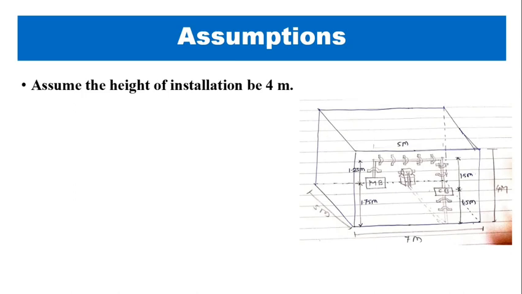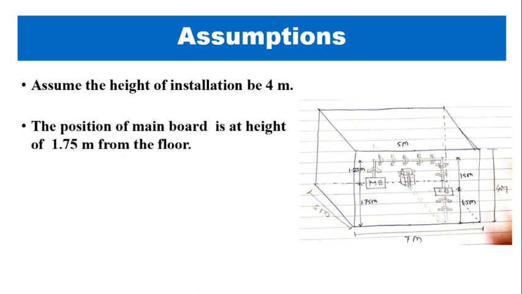Then the next assumption is the position of main board, which consists of main switch and starter, which is at a height of 1.75 meter. You can see that the main board is always assumed to be 1.75 meter above the floor. So you can see here our main board we have placed 1.75 meter above the floor.